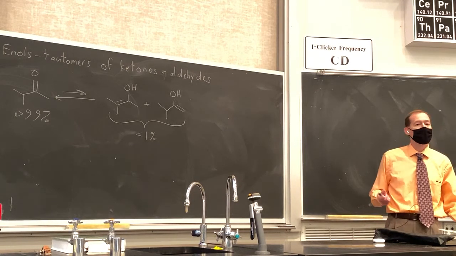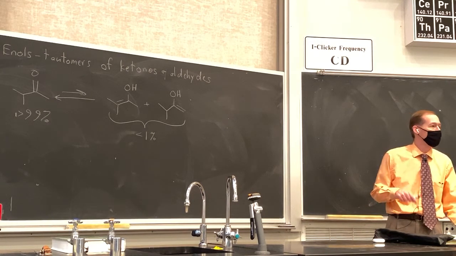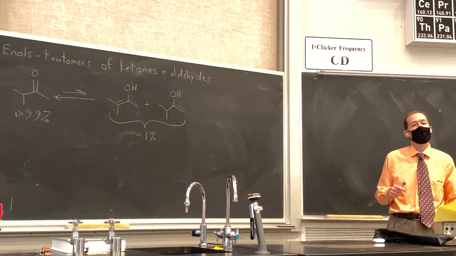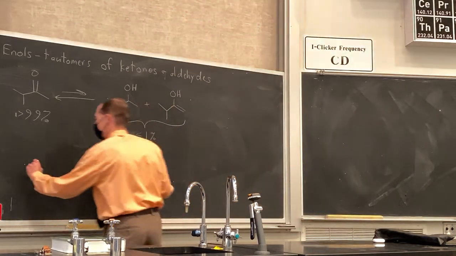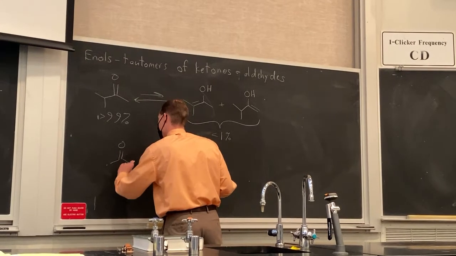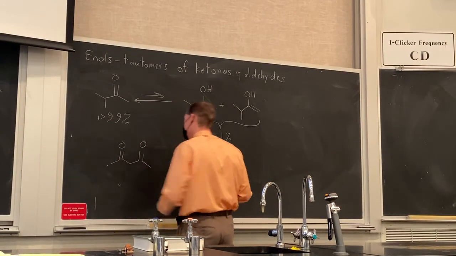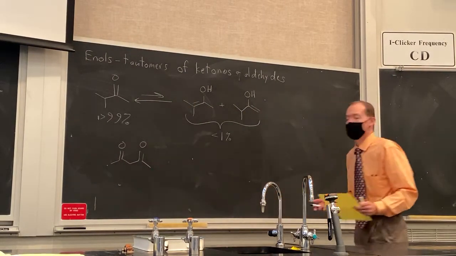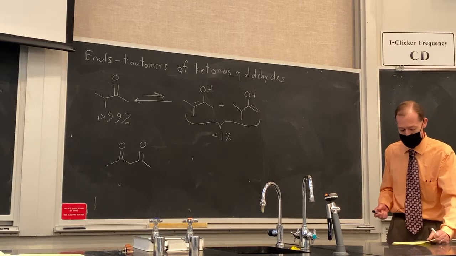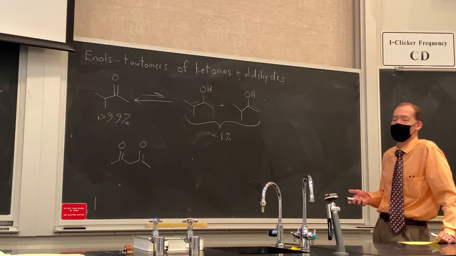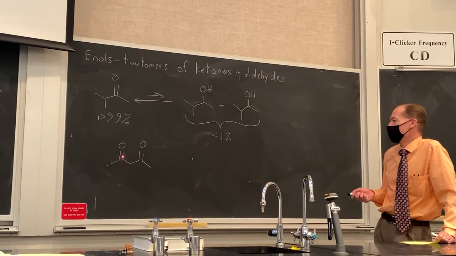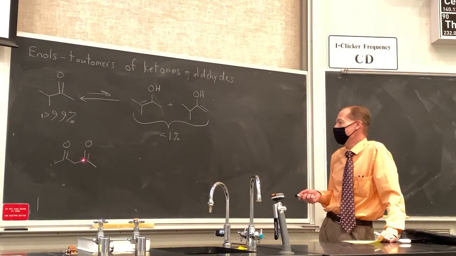However, there is a special type of ketone where the enol is favored. If we have a 1,3 diketone, also referred to as a beta diketone, because if we look at one of the ketones, this would be the alpha carbon, this would be the beta carbon.